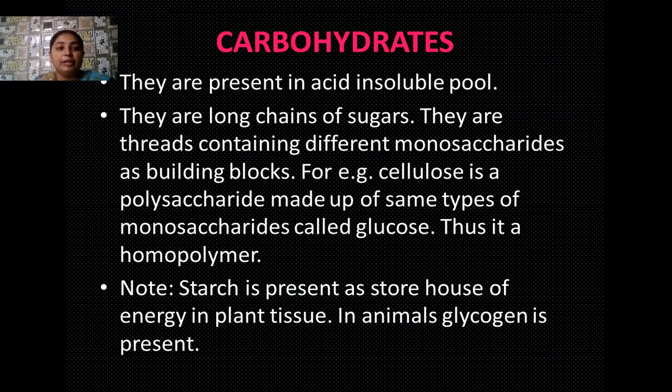If we give the example of cellulose, then you know that cellulose is a homopolymer and it consists of so many monomeric units called glucose. You know the definition of homopolymer very well, students: those polymers which consist of the same kind of monomeric units are known as homopolymers.